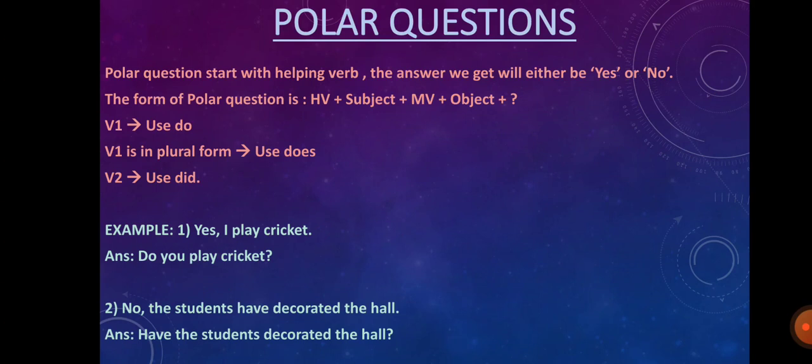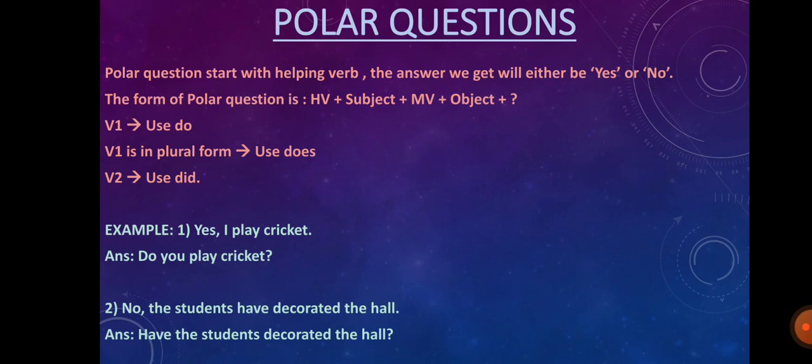Second one, no, the students have decorated the hall. So here we have to see which is the helping verb as well as the main verb. So here we can see that already helping verb is given in the answer, that is have, and the main verb is decorated.